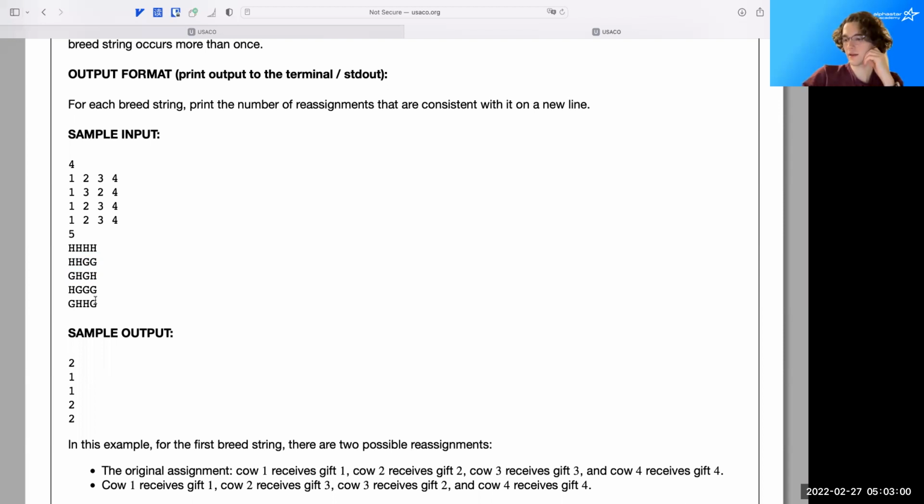What if you had a G and an H and then a bunch of G's? Here we can compute this, right? We have some dp of K if there's K G's and whatever the mask is.